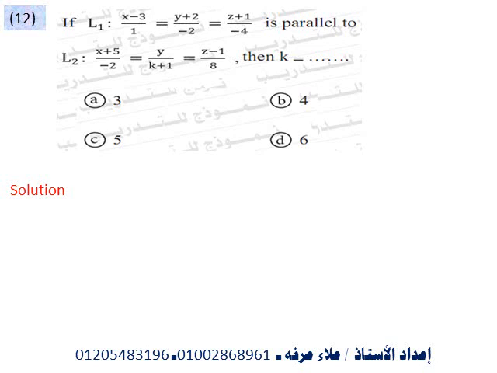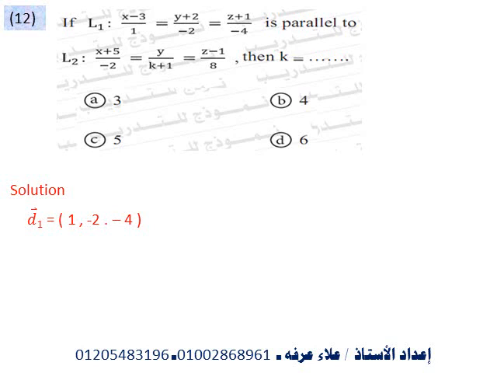If L1: (x minus 3) over 1 equals (y plus 2) over negative 2 equals (z plus 1) over negative 4 is parallel to L2: (x plus 5) over negative 2 equals y over (k plus 1) equals (z minus 1) over 8, then k equals... The two lines are parallel.